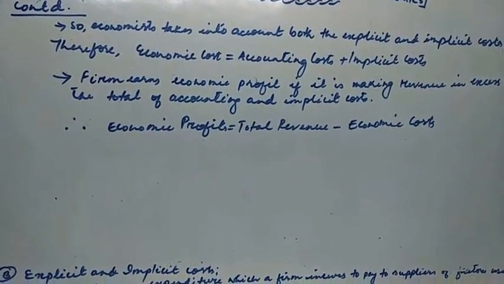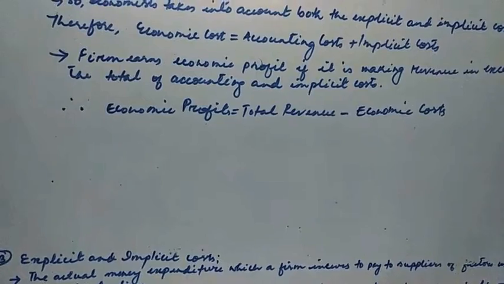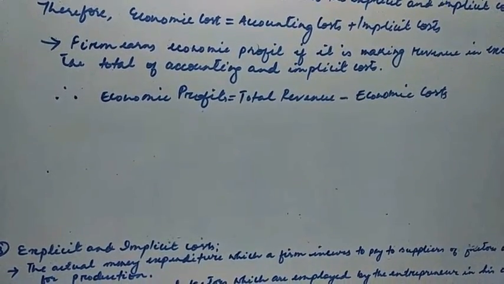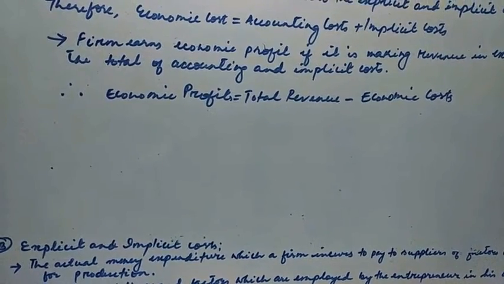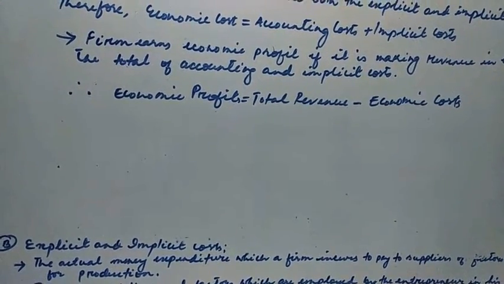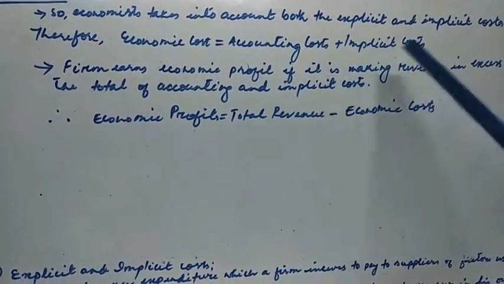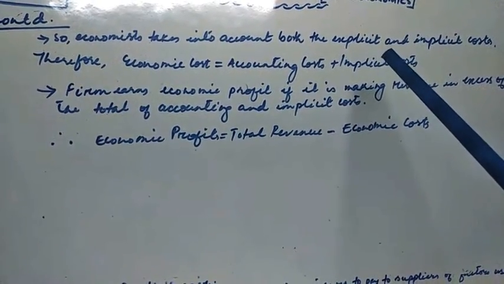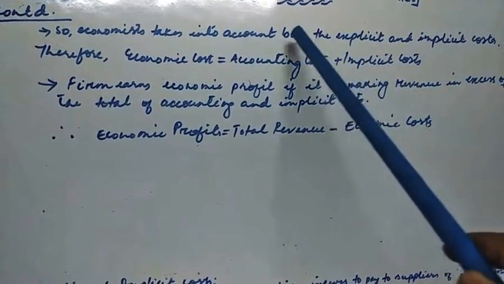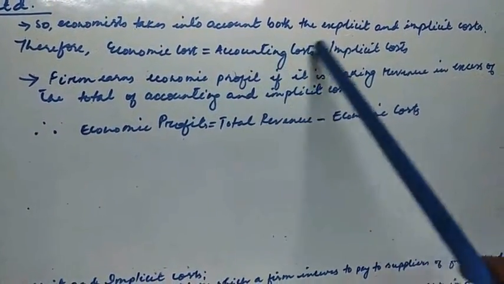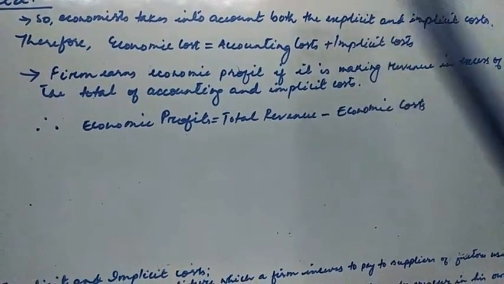From this, we may point out that a firm will earn economic profit only if it is making revenue in excess of the total accounting and implicit cost.